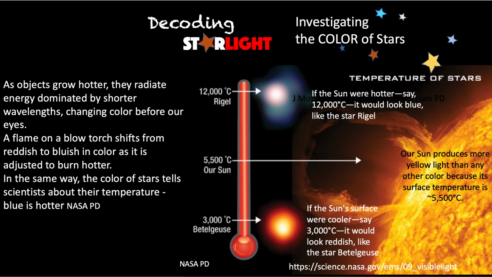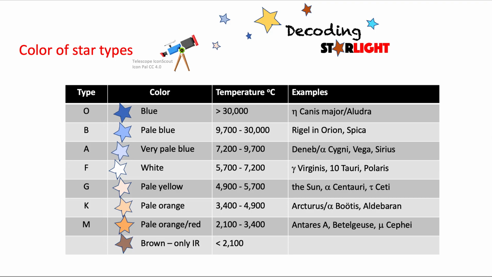Our sun at over 5,000 degrees Celsius is yellowy white, and Betelgeuse is a cooler star at 3,000 degrees Celsius, reddish looking. And then you can see a table here with the types of stars given letters O, B down to M, and the colours and the temperature ranges.